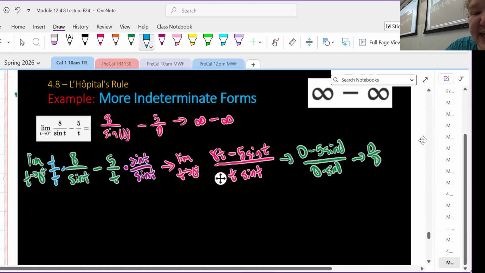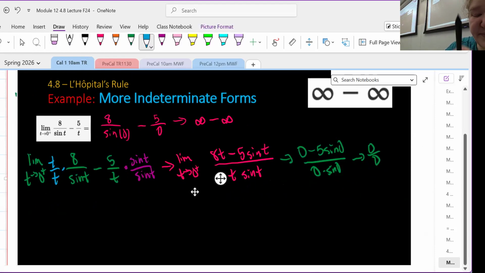So that means I can take the combined fractions and apply L'Hopital's rule to this. We have to get the fraction in the correct form to produce the infinity over infinity or 0 over 0. Then we can apply L'Hopital's rule.